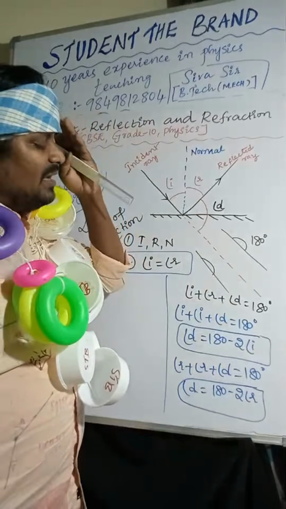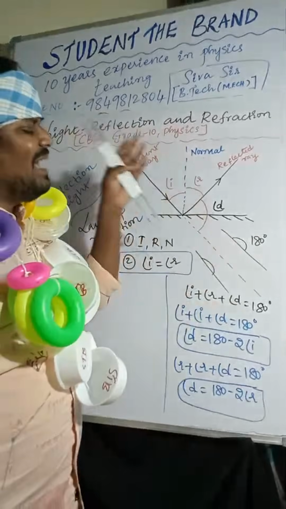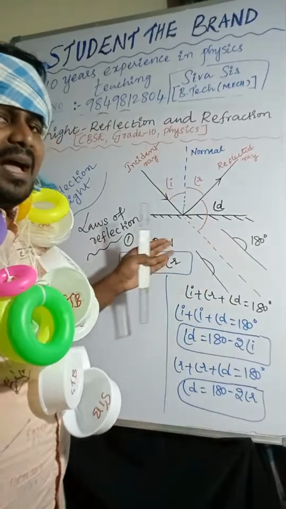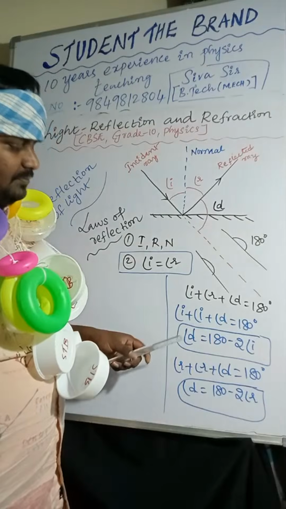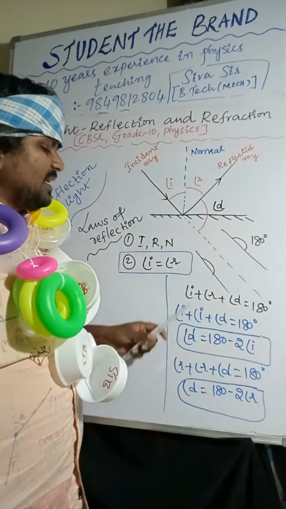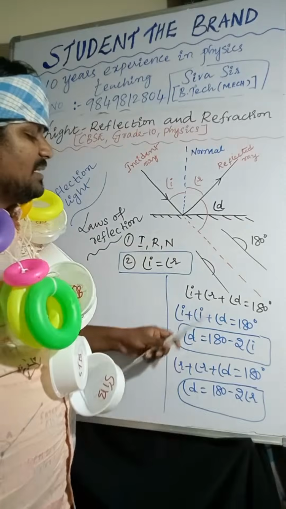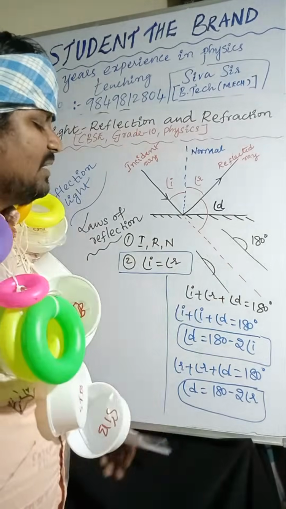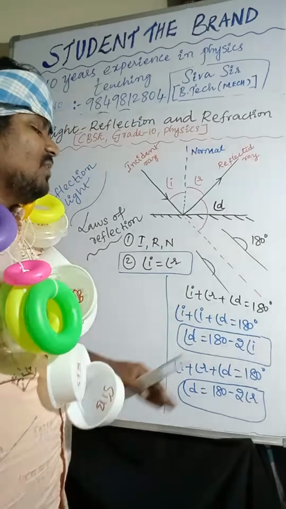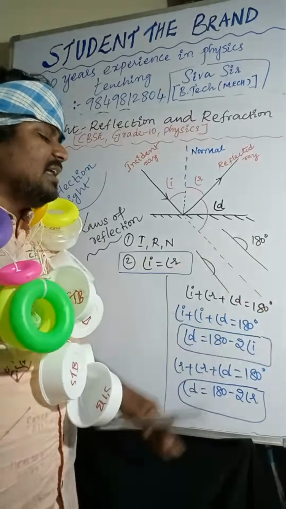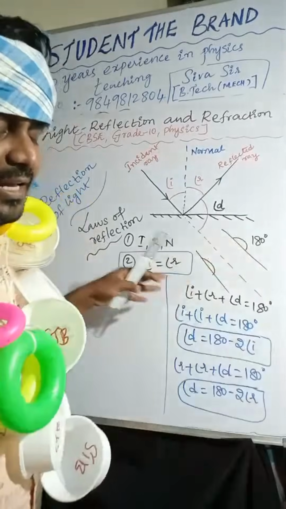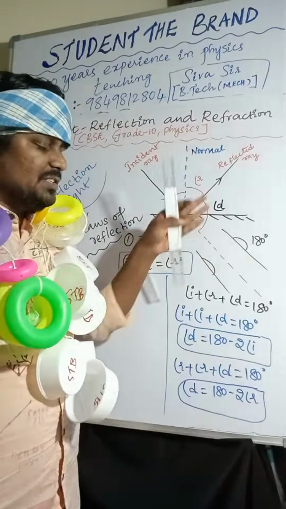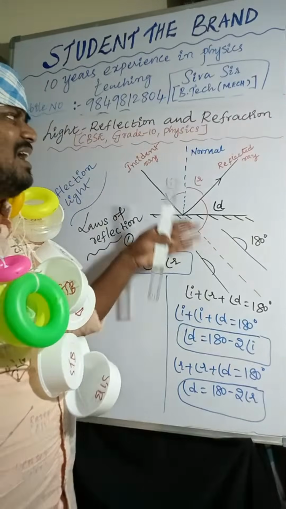From the laws of reflection, angle of incidence plus angle of incidence plus angle of deviation equals 180 degrees. Angle of deviation equals 180 minus 2 angle of incidence, or 180 minus 2 angle of reflection.